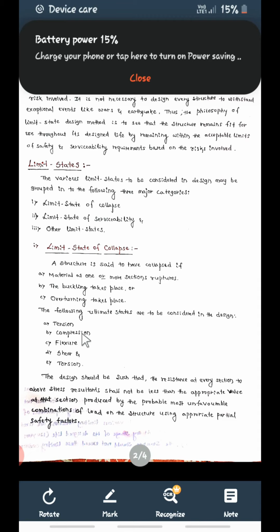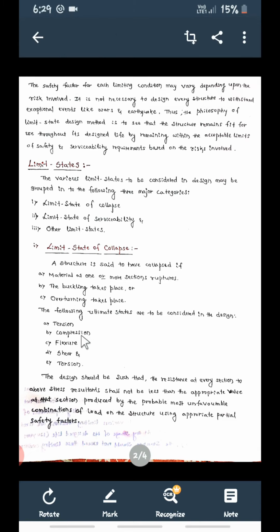In the limit state of collapse, we design our elements considering tension, compression, flexure, which means bending, shear and torsion. The design should be such that the resistance at every section to the above stress resultants shall not be less than the appropriate value at that section.